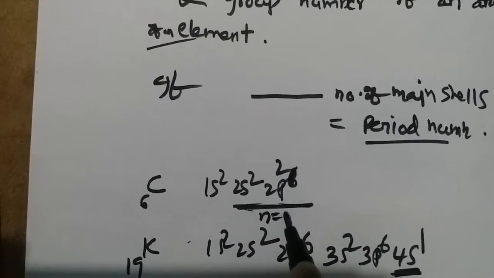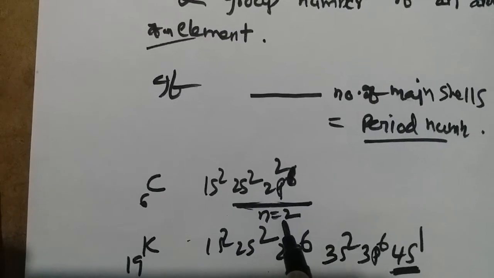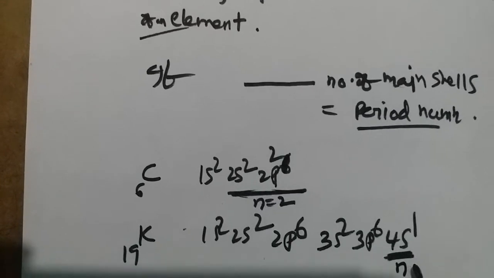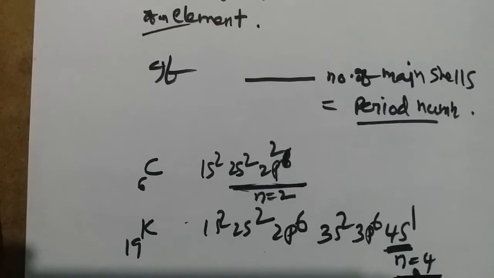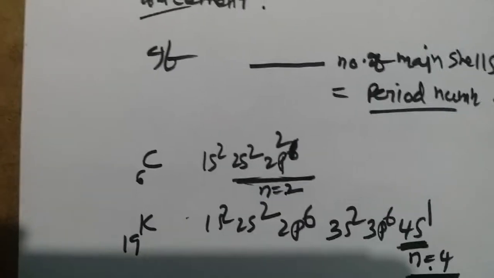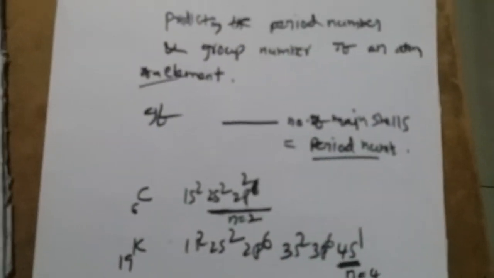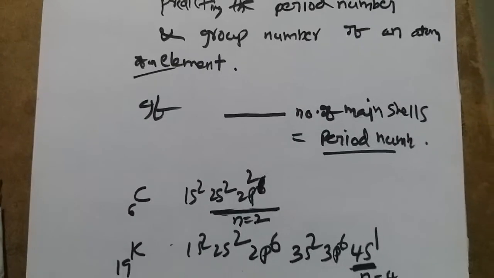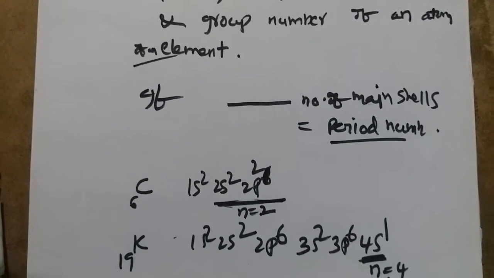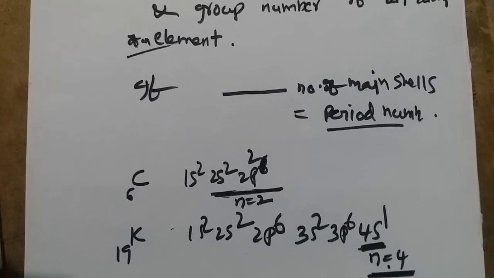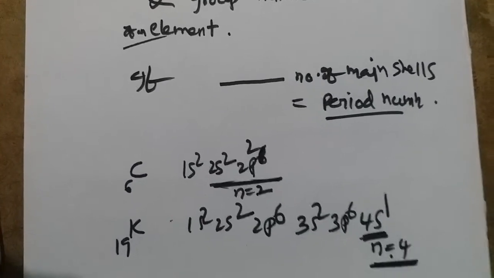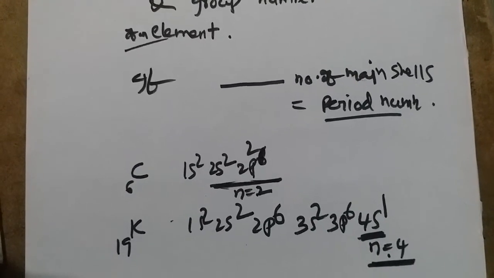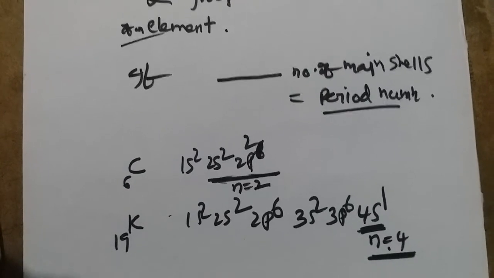The highest main shell number for potassium is 4, so potassium belongs to the 4th period and carbon belongs to the second period. Once again, the period number is nothing but the highest main shell number present in that atom, obtained by writing the electronic configuration of that atom.